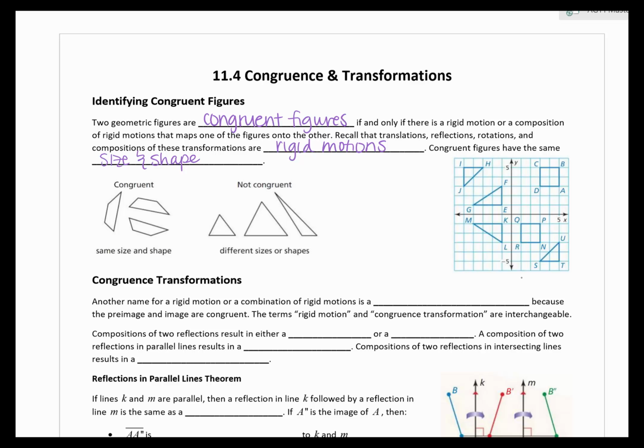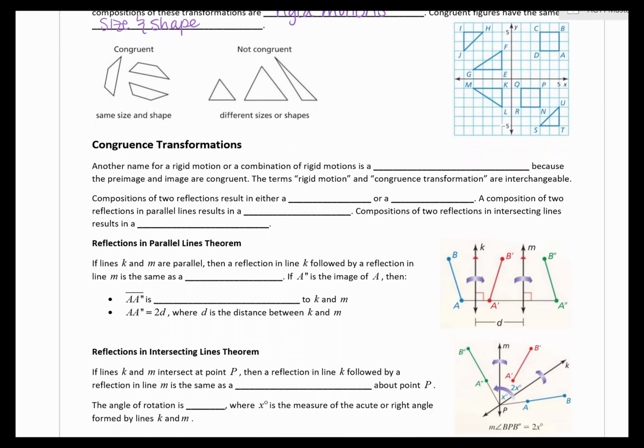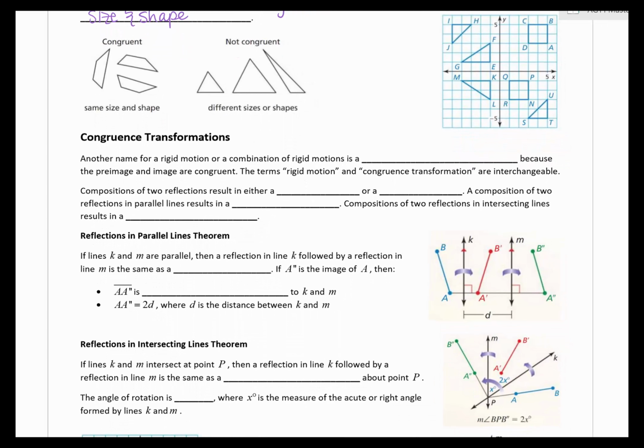When we talk about congruence transformations, another name for a rigid motion or a combination of rigid motions is a congruence transformation, because the pre-image and the image are congruent. Again, the words rigid motion and congruence transformation are interchangeable.